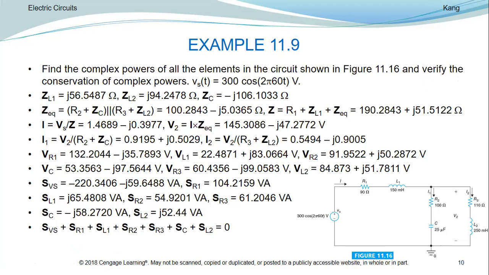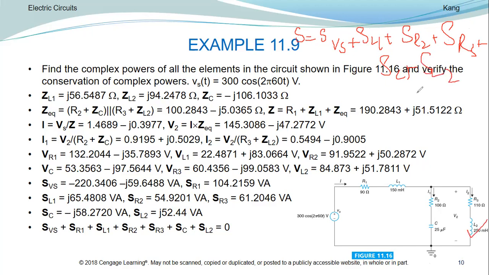So these are basically the ZL1 value, the Z equivalent value, then the I value, and from this we can find all the values of S. So the total S for the system will be equal to SVS plus SL1 plus SR2 plus SR3 plus SC, and the last part is L2, so plus SL2.